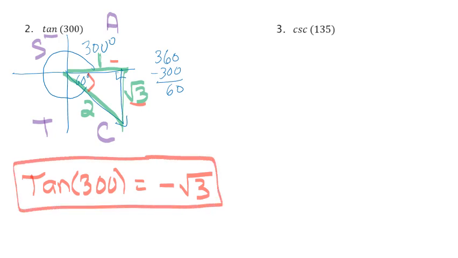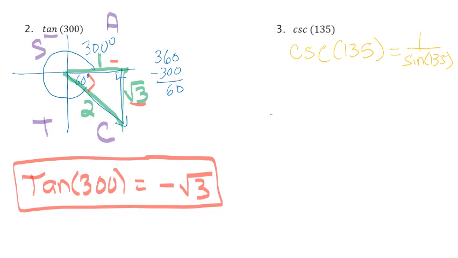For the next one, I'm looking for cosecant. Remember, cosecant is just the reciprocal of sine. So really, I'm thinking about the positive and negative properties for sine when we're doing this problem.